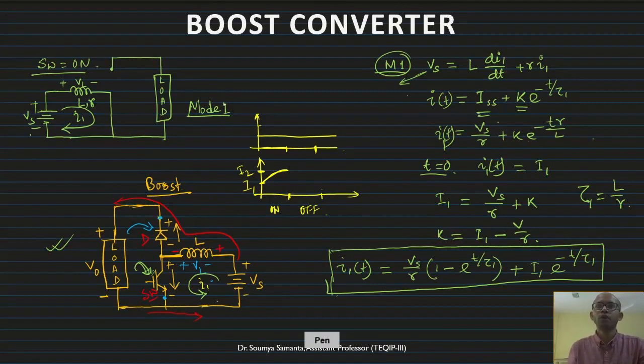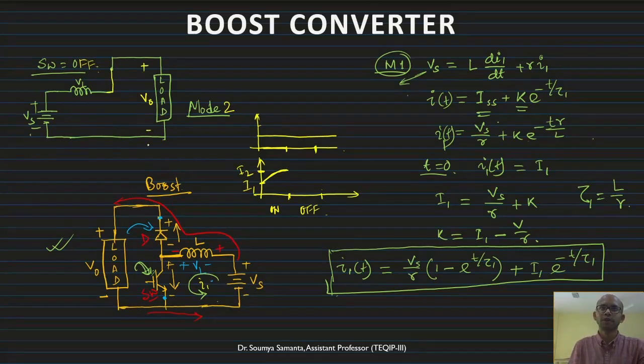That is the mode 2. I am going to modify here. It's the mode 2, that is, the switch is off. Initially it is charged up to this. This will be off and there will be a diode here, so this will be short circuited. This voltage is the output voltage.